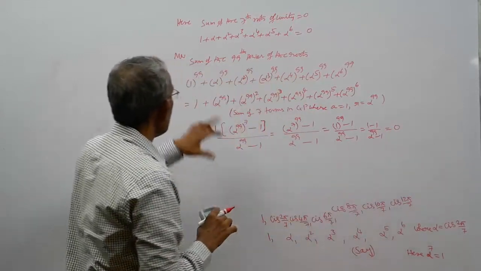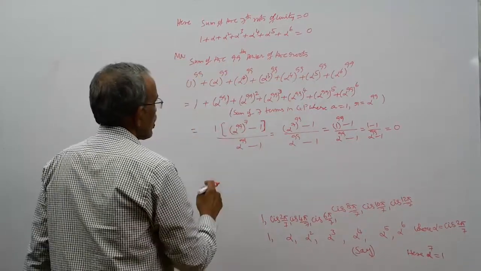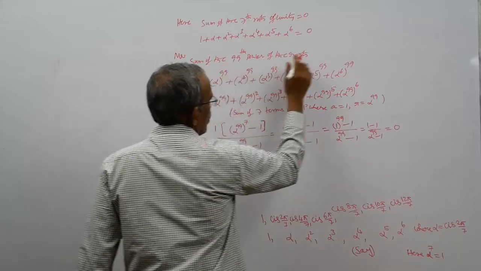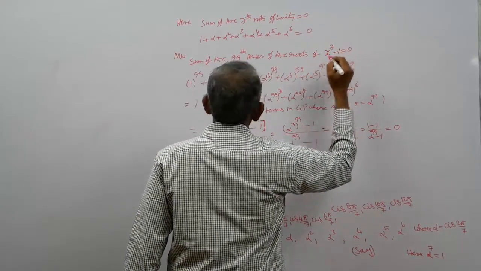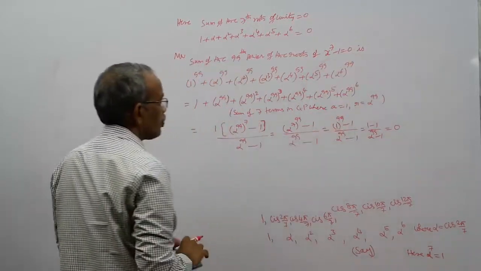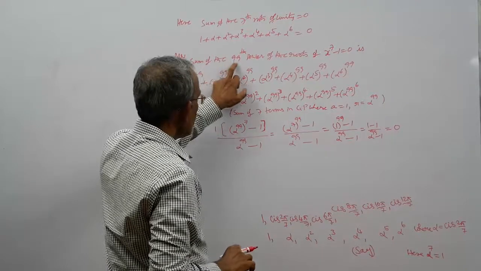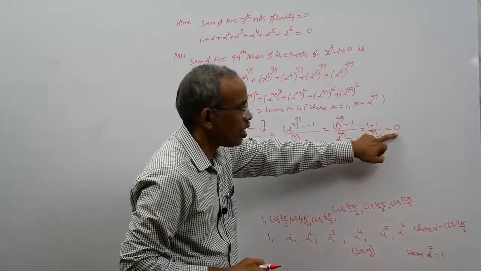Hence, sum of the 99th power of the roots of the given equation, x to the power of 7 minus 1 equal to 0, is 0. Finally we get 0.